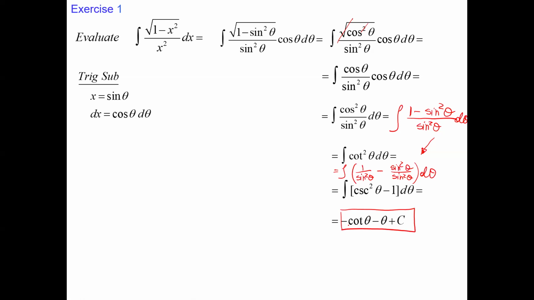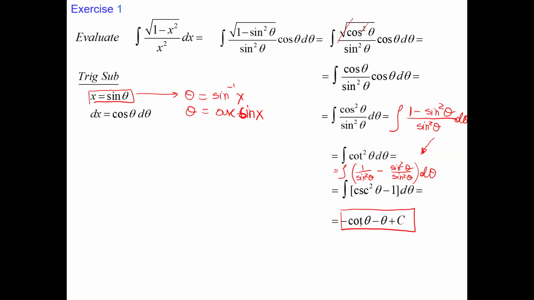But now we have to get that answer in terms of x, the original variable. We know how to write theta. If x equals sine theta, theta will be inverse sine of x, or if we prefer, arcsine of x. That's okay.